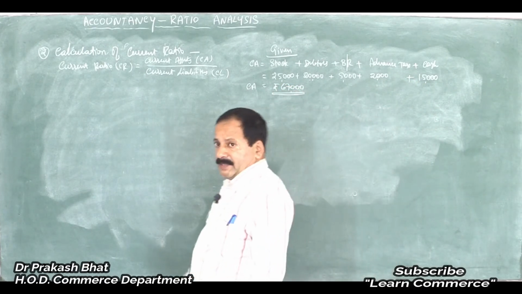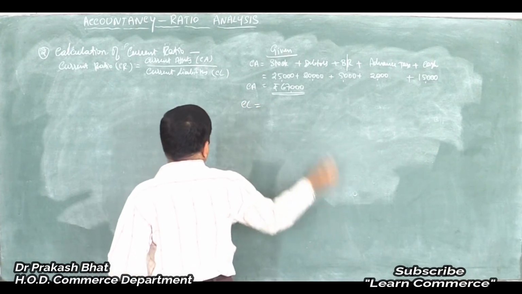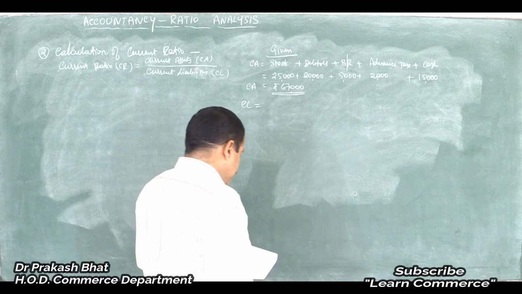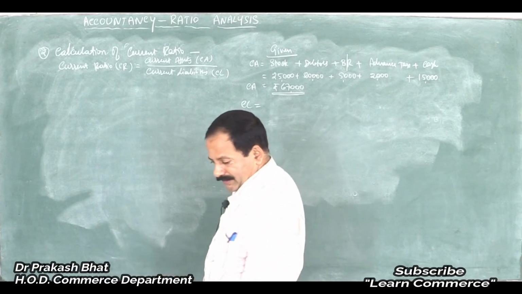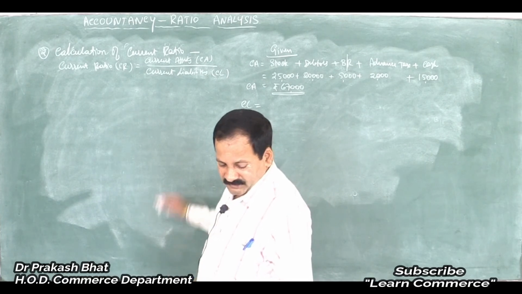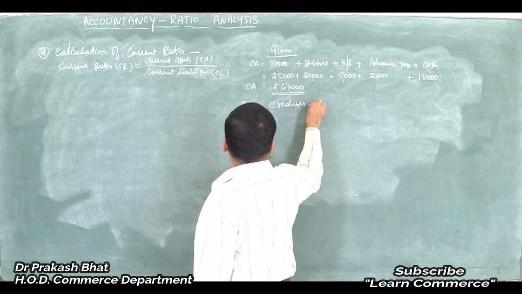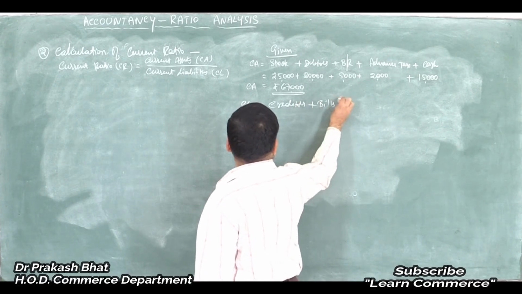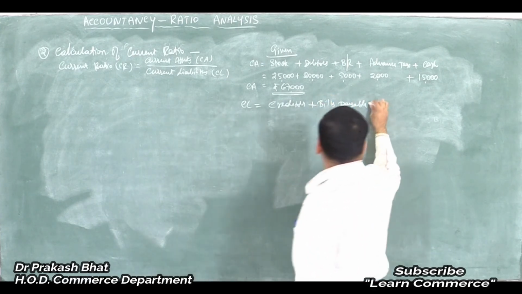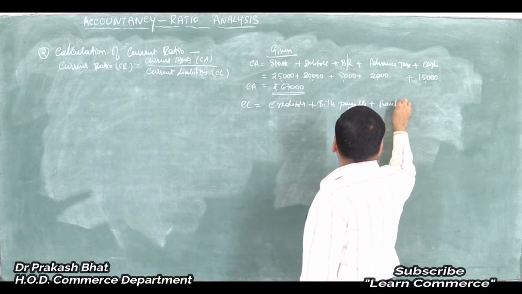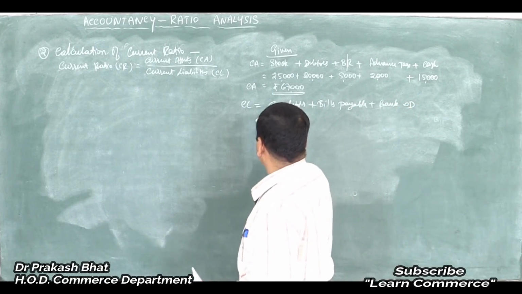Now we got CA. Now let us calculate CL, which is equal to creditors plus bills payable plus bank overdraft. Only 3 items are there, right? Substitute the figures.